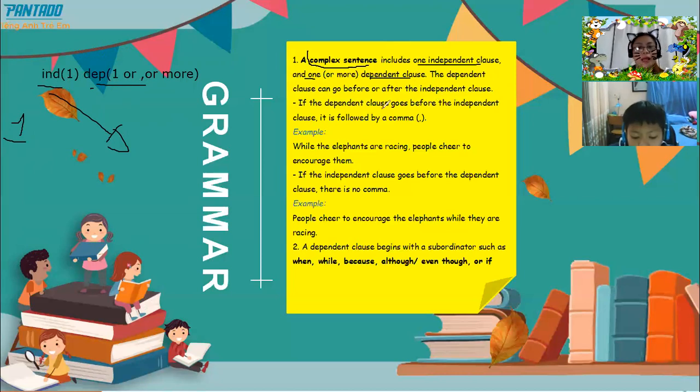If the dependent clause goes before the independent, did I read it right? A dependent clause is the clause that doesn't have a complete thought. If it goes first, it should be followed by a comma. And we have here an example. Please read the first example.